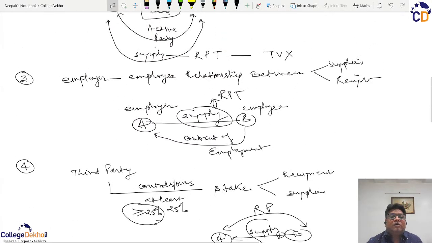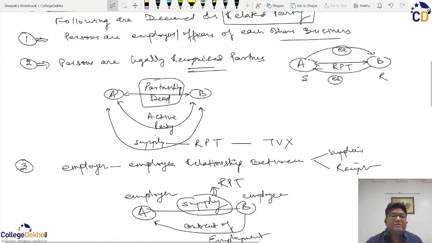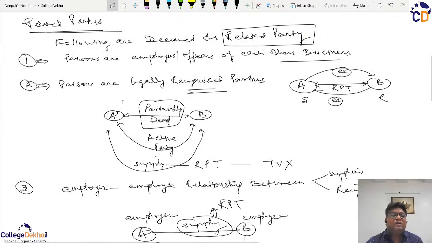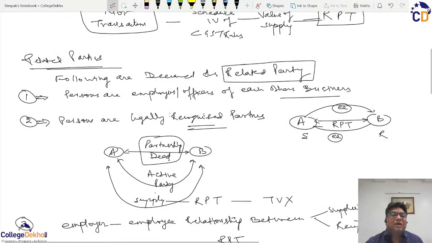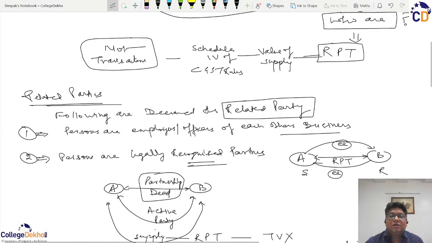If one of them, the supplier, is the employee of the recipient or vice versa, then these will be deemed as related parties. Similarly, if the supplier and the recipient are already into a partnership deed and they are legally recognized partners, then any deal between them personally will be deemed as a related party transaction because they will be deemed as related parties.